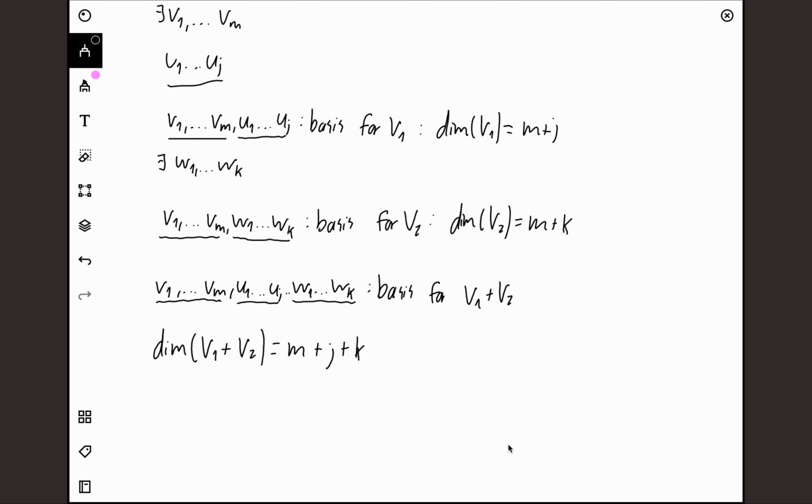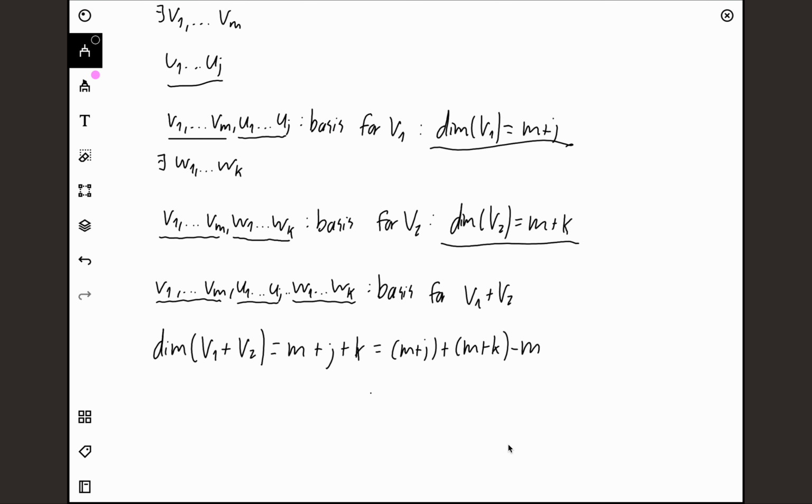So this is the dimension, and we can do some algebraic manipulation here. We can add an m, so we get m plus j plus m plus k minus m. We just added an m and subtracted an m, so we still have m plus j plus k. But now we know that m plus j is the dimension of V1 and m plus k is the dimension of V2.